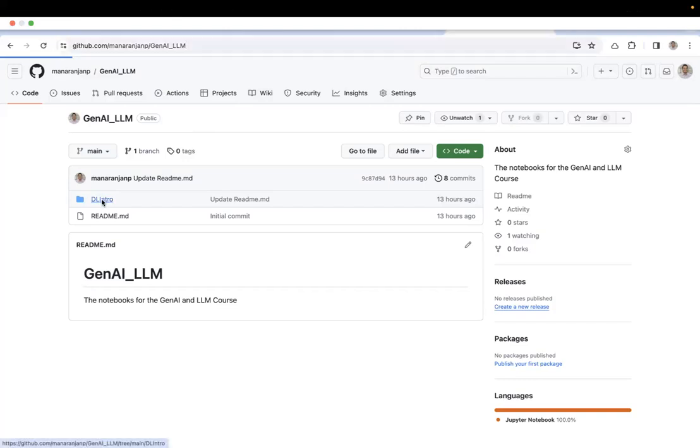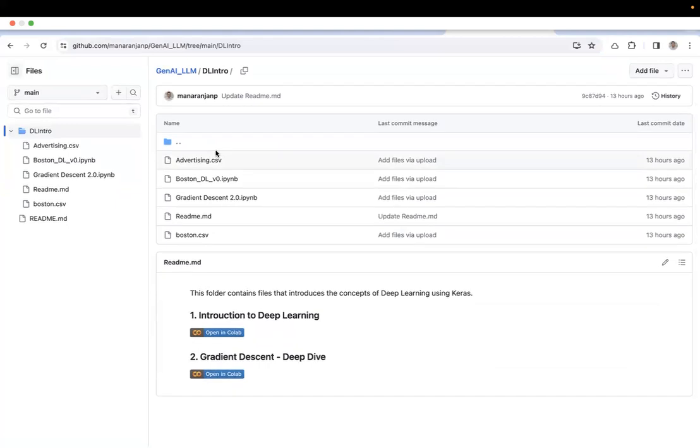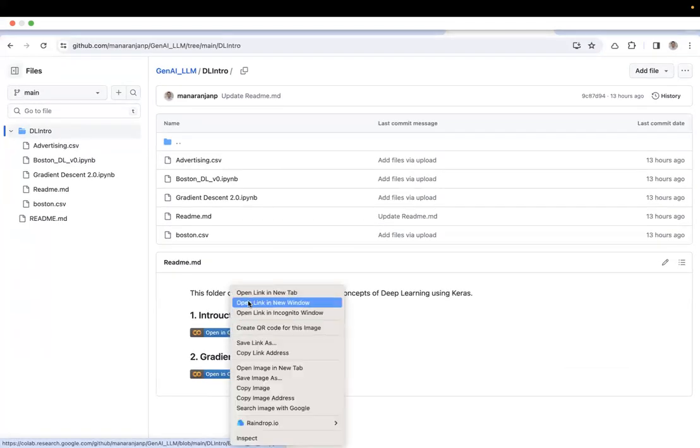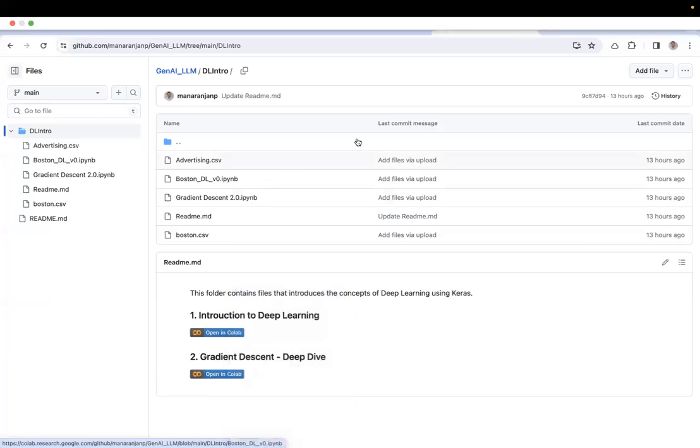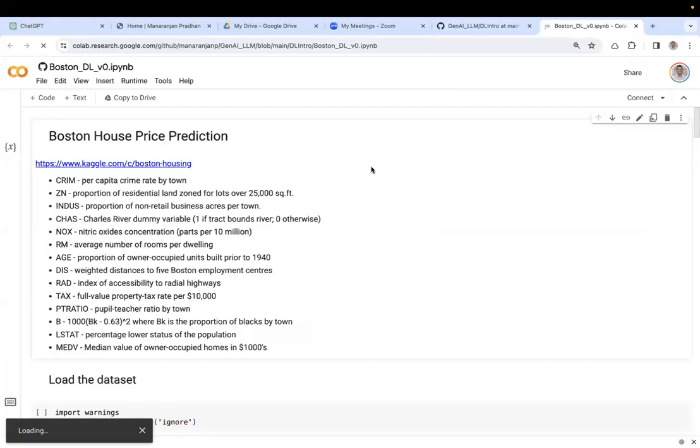You can go to this folder called DL intro. And below, you will see the introduction to deep learning, open in Colab. So right click on this and say open in new tab. This will open the notebook.